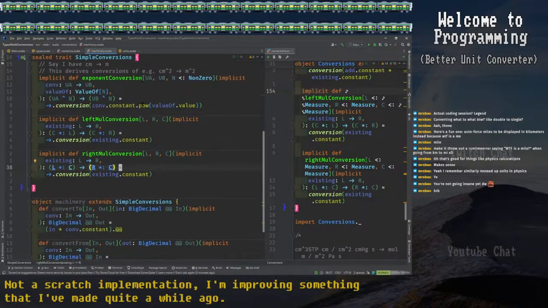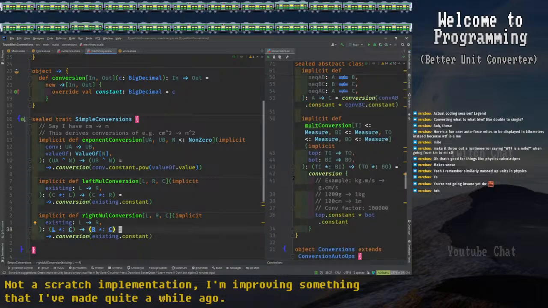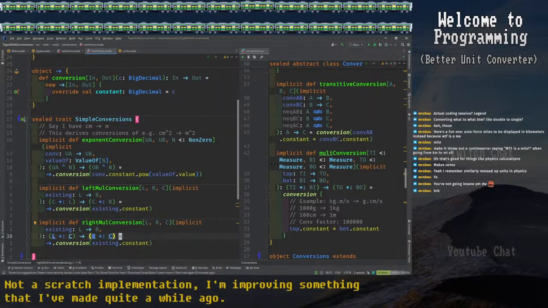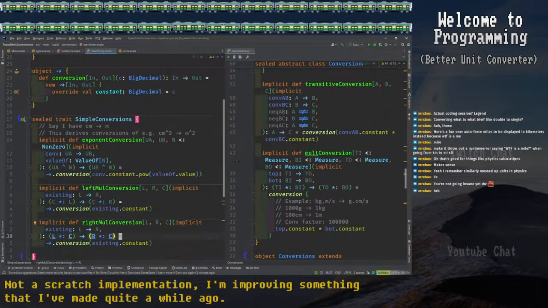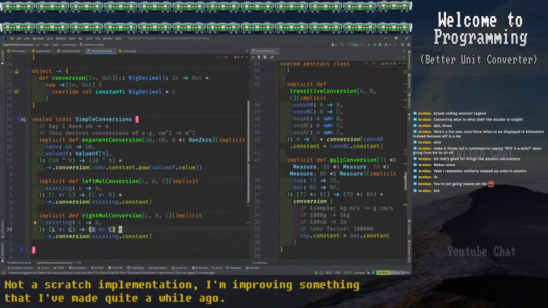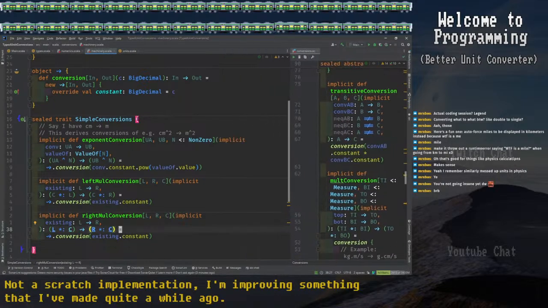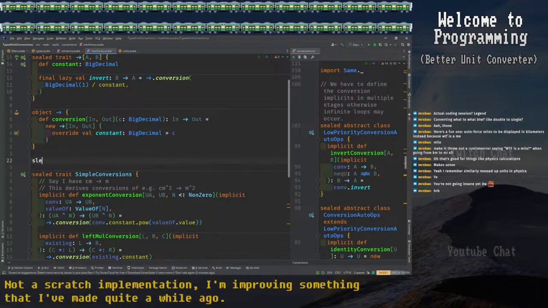Cool. So this is where things get complicated. Now I have to define some transitive and some other stuff. Yes, this is where I have to start defining some more complicated conversions. Right, so we now need a sealed trait.